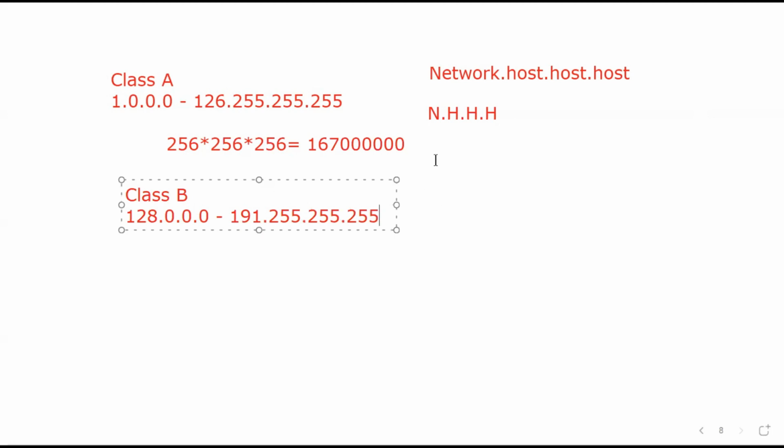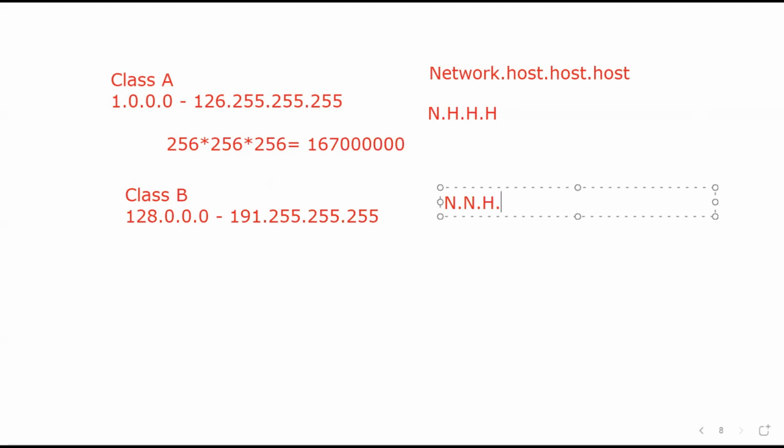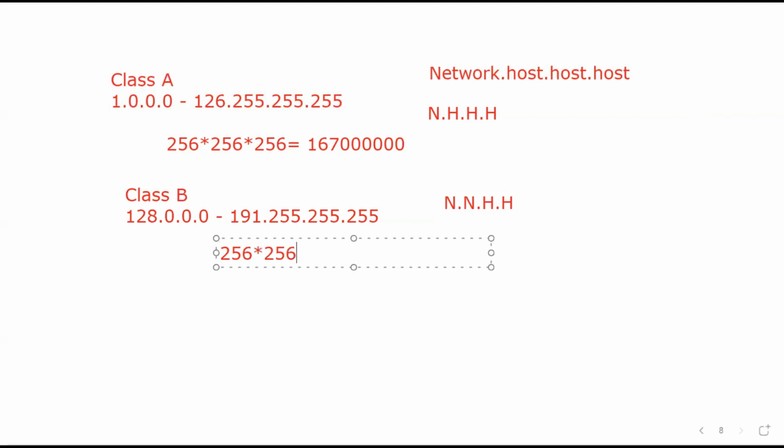So in class B, two are fixed for host and two are fixed for network. So how many IPs can we assign? 256 into 256, which is 65536. This many IPs we can assign with class B.